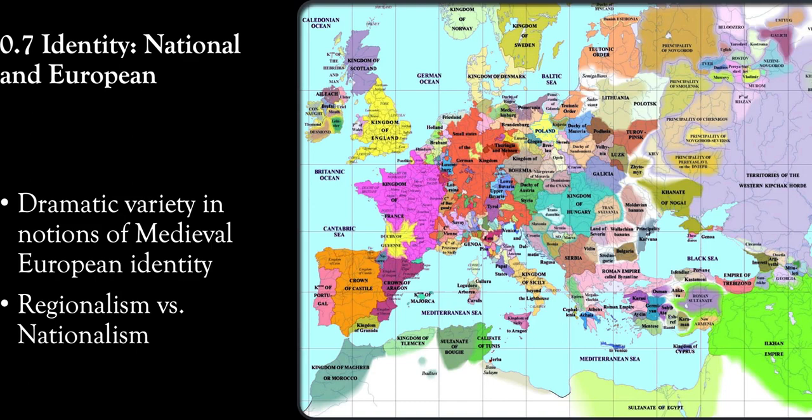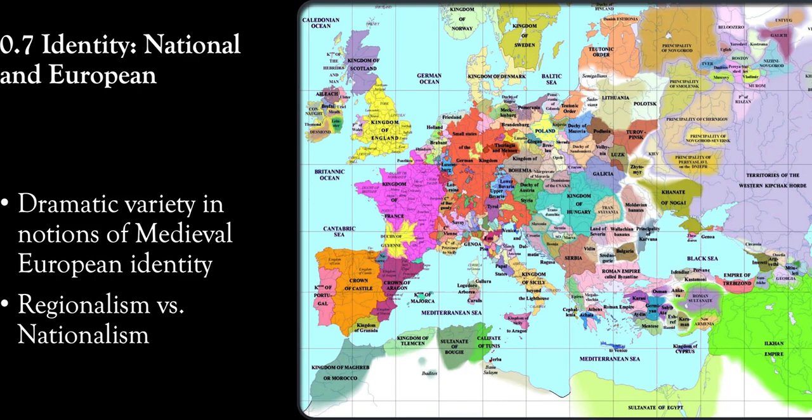You may not identify as Italian. You may instead identify with the region of Italy that you live in. So you may think of yourself as Sicilian or Neapolitan or Venetian or Florentine, right? As opposed to this concept of being a united Italian nation-state.